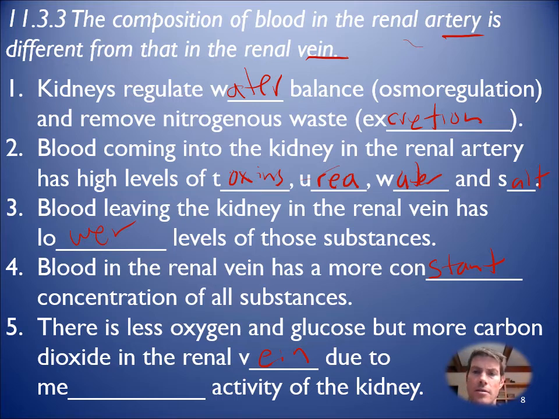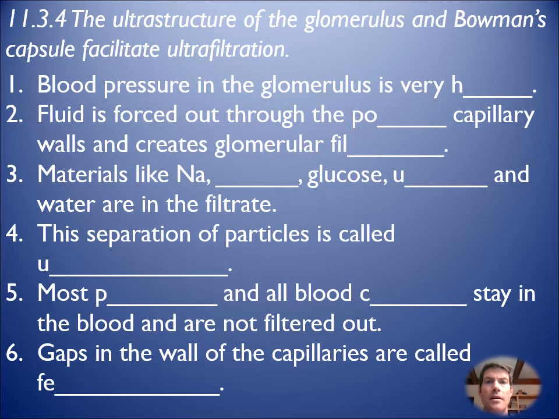And what's that fancy word for cells burning energy? Metabolic. Okay, metabolic activity. Blood pressure in the glomerulus is very high to get that filtration through the porous capillary walls. There's holes in them called fenestrations.